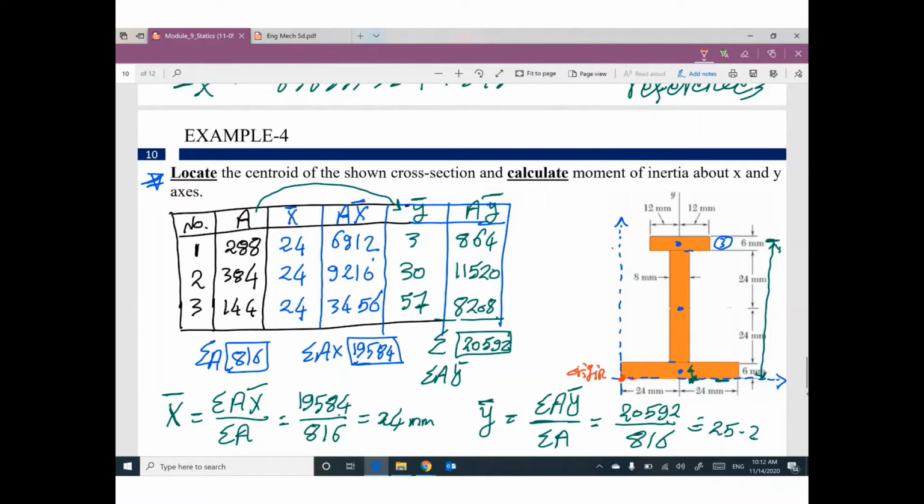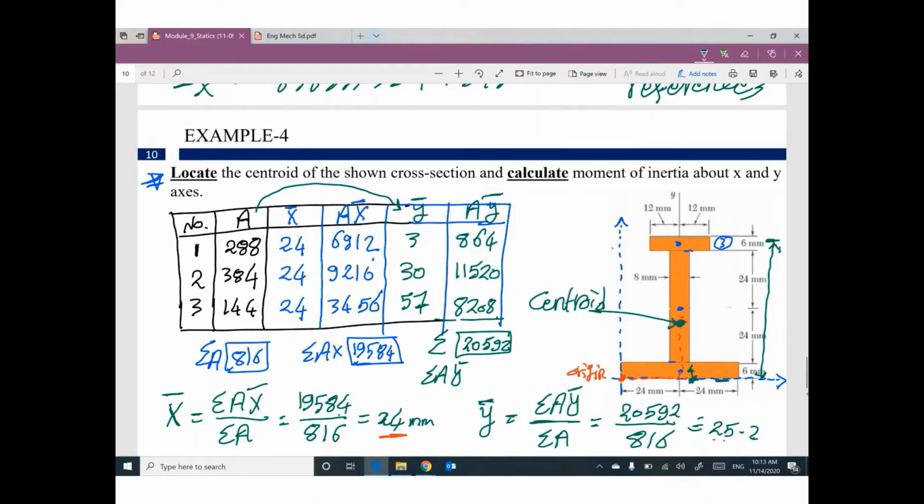I will move horizontally a distance equal to 24. And then I will move vertically a distance equal to 25.2. So probably something here. This point can be called the centroid for the whole cross section.